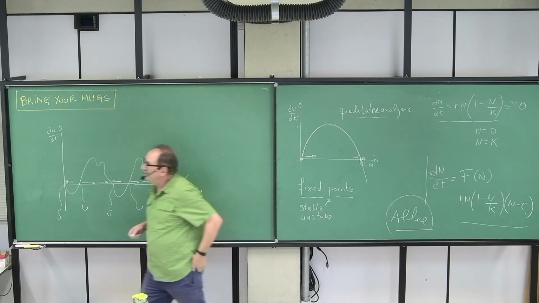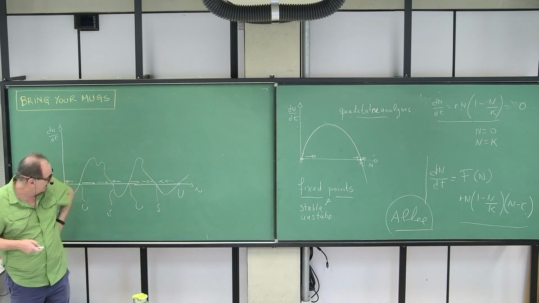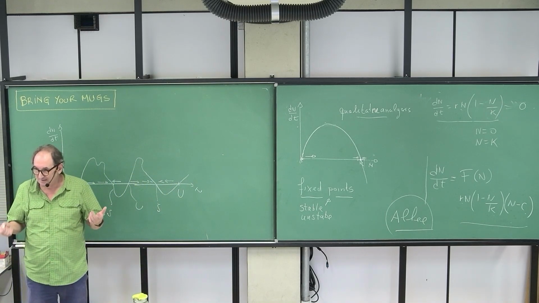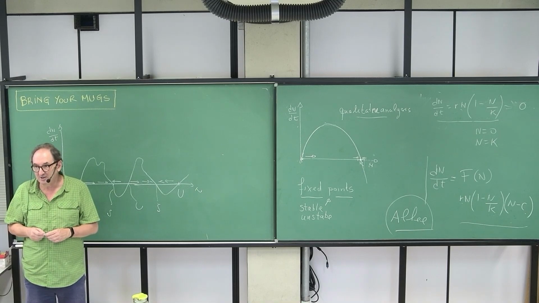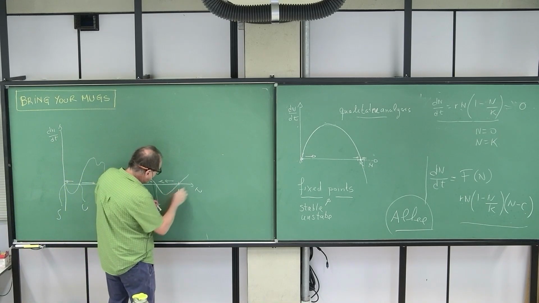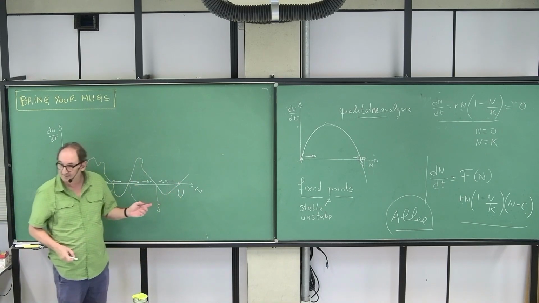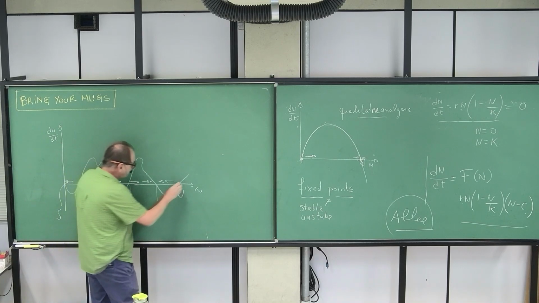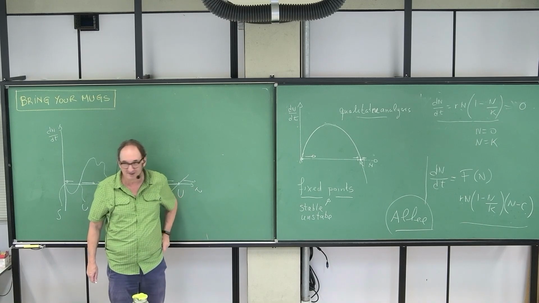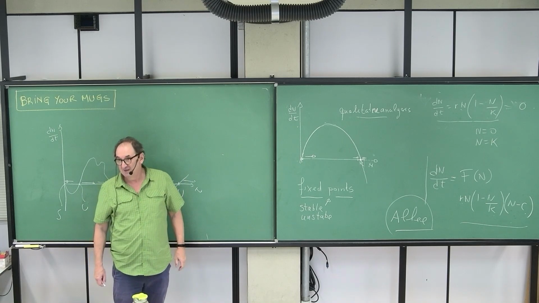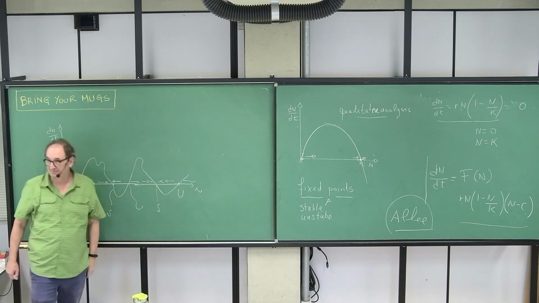In some sense, thinking about it, for any biological situation, the last fixed point should be stable. Because otherwise, say in this situation, the last fixed point is unstable, then it goes away. But it goes away, there's no fixed point. Here it goes to infinity, and there's no such thing as an infinite population. So the last one should be stable.